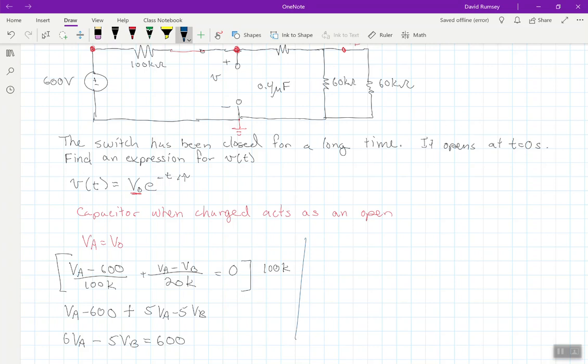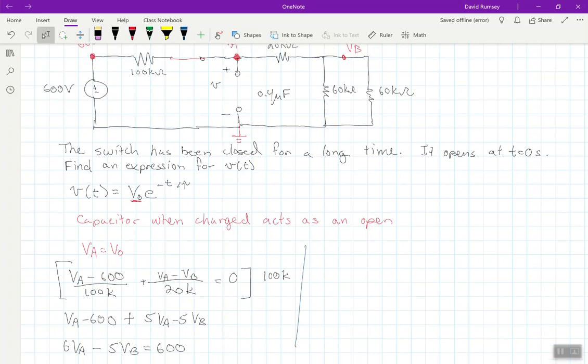I'll put the other equation over here. If we look at node VB, it's a pretty simple equation. I'd have VB minus VA over 20K plus VB over 60K plus VB over 60K, and this is equal to 0.